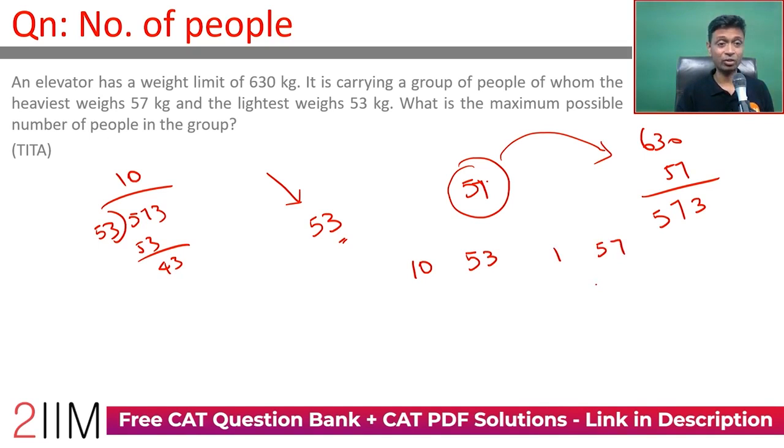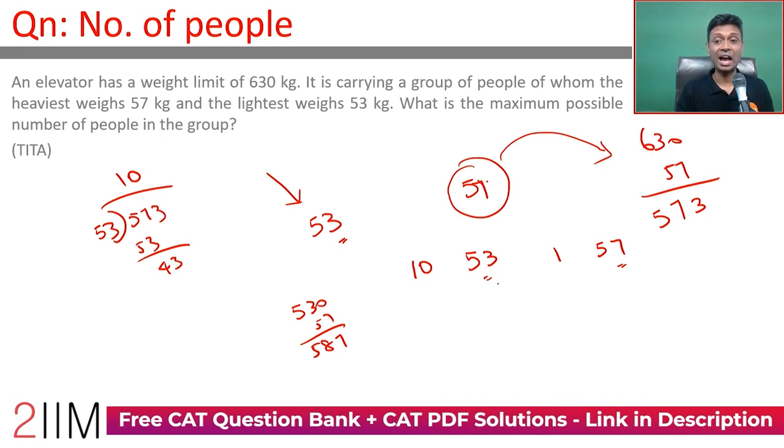The elevator has a weight limit of 630 kilograms. 10 people weighing 53 kilograms and 1 weighing 57 will take us to 530 plus 57, 587. We have room for another 43 kilograms, which can be offset by having more people weighing 53 kilograms.